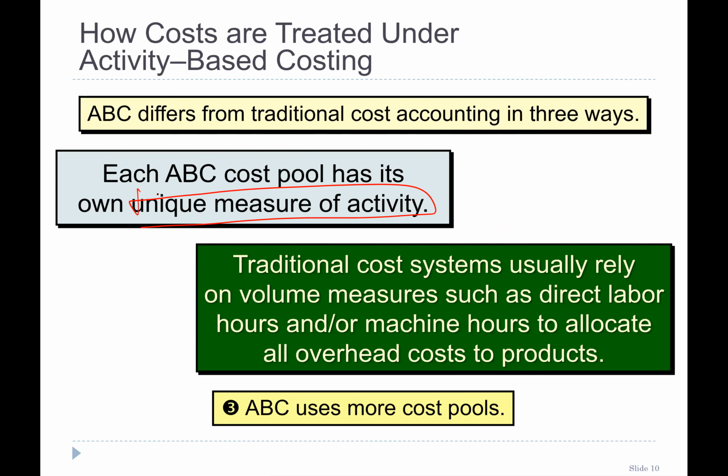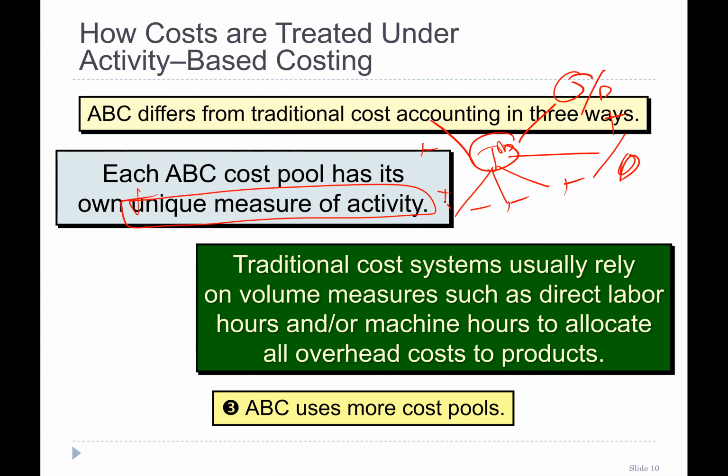It means the job is measured with different kinds of activities, and each activity has its own denominator, cost driver or cost pool. Then if you want to find out the cost, you add all the costs.